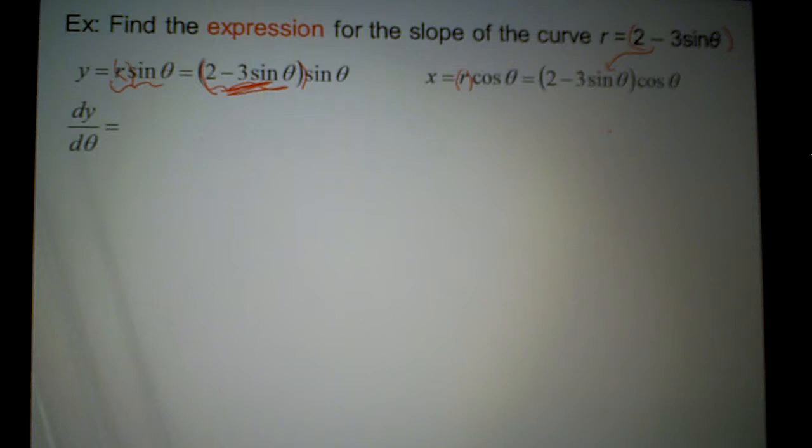So if I take the derivative of y with respect to theta, again it is the first function, 2 minus 3 sine theta, times the derivative of sine, which is cosine, plus sine times the derivative of r, which would be negative 3 sine theta.